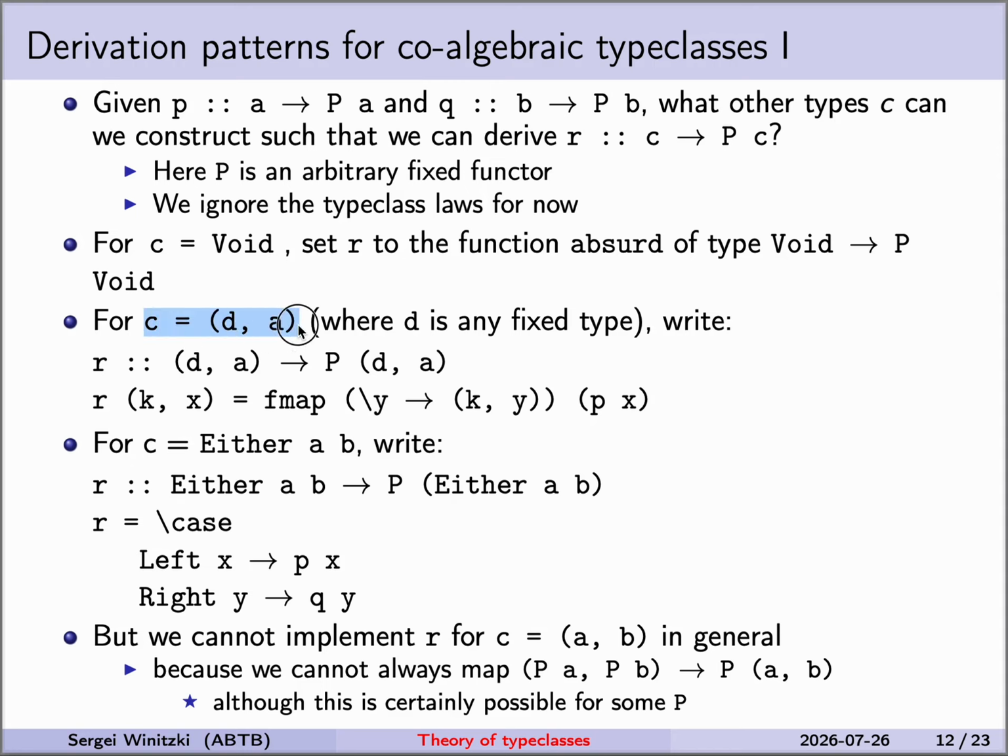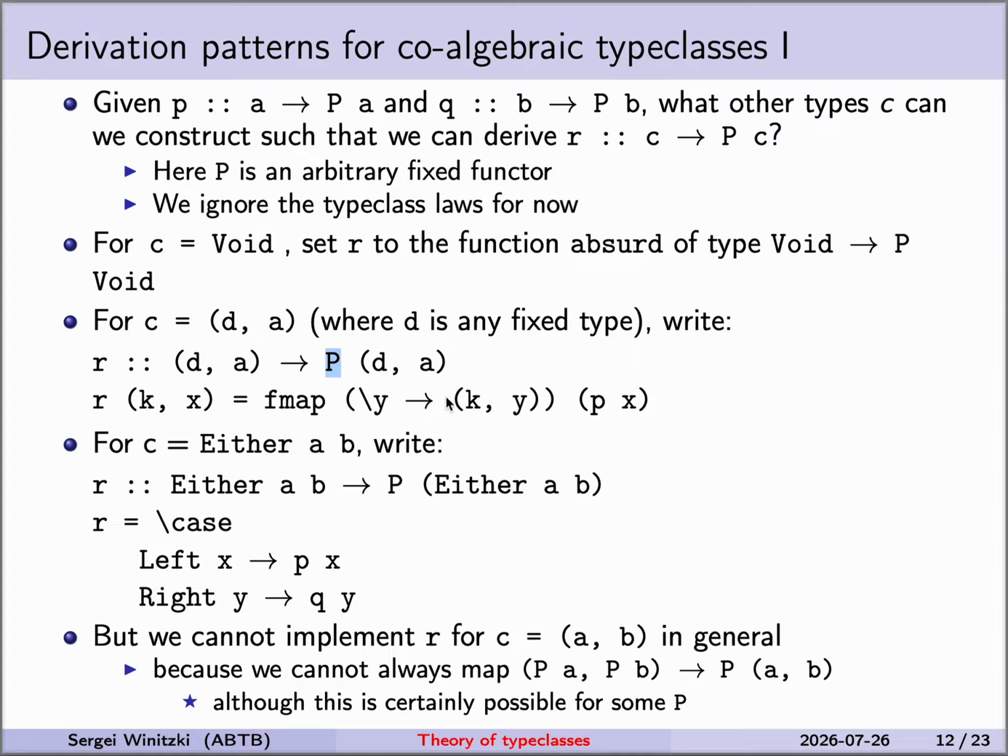The next is the pair, and it turns out that in the pair, only one of the elements of the pair has to be a type class member, and the other could be any fixed type. Because you can write a function like this by just taking A, you could transform A to PA, and then you fmap with this function that makes a tuple under the functor P, and then you're done.